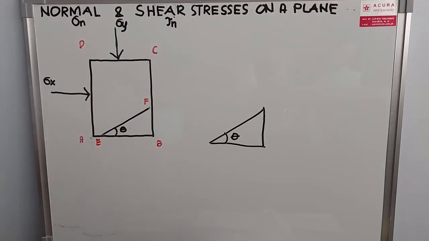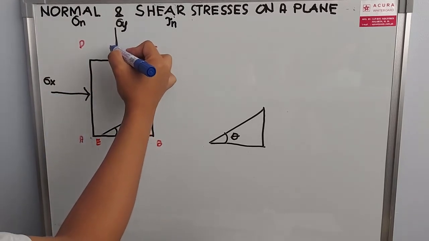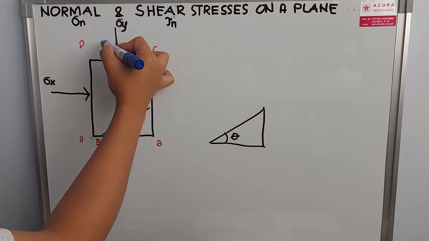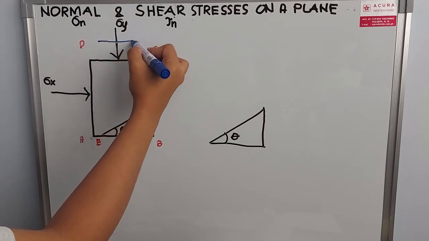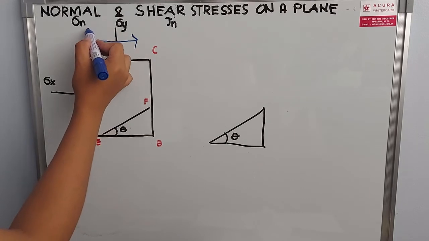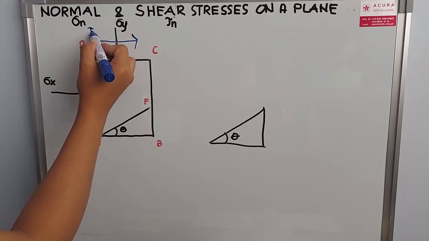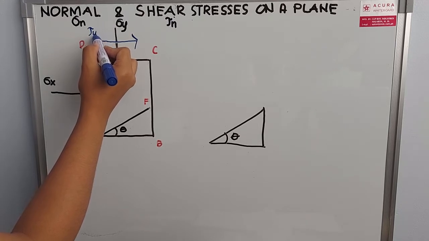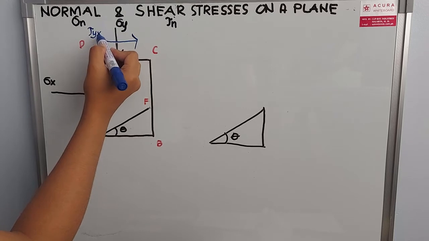Then next is the shear stress. So we have here your shear stress acting parallel or on the side. So this is designated as shear stress crossing the y-axis acting along x direction.